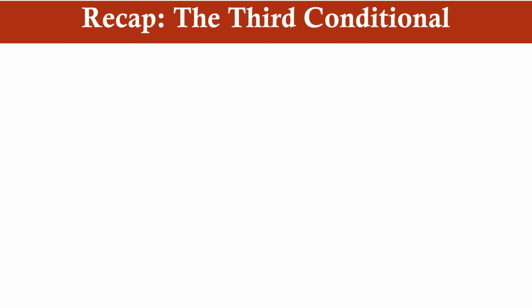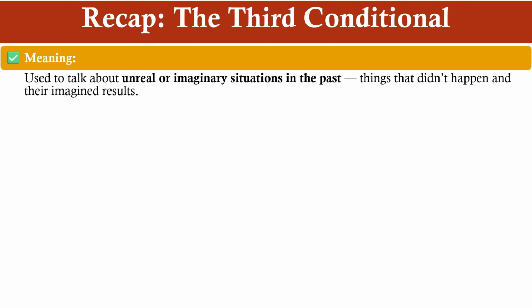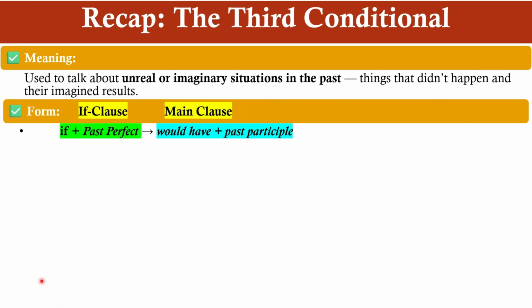Let's quickly recap what we have learned. The third conditional is used to talk about imaginary situations in the past, things that didn't happen, and their possible results. We use if plus past perfect in the if clause, followed by would have plus past participle in the main clause.